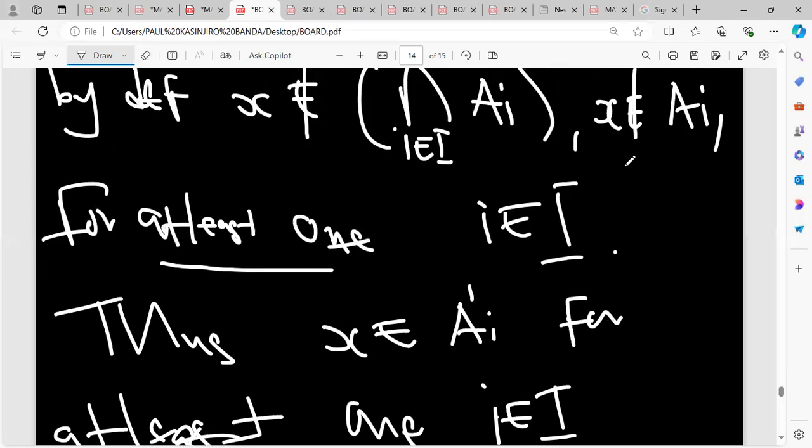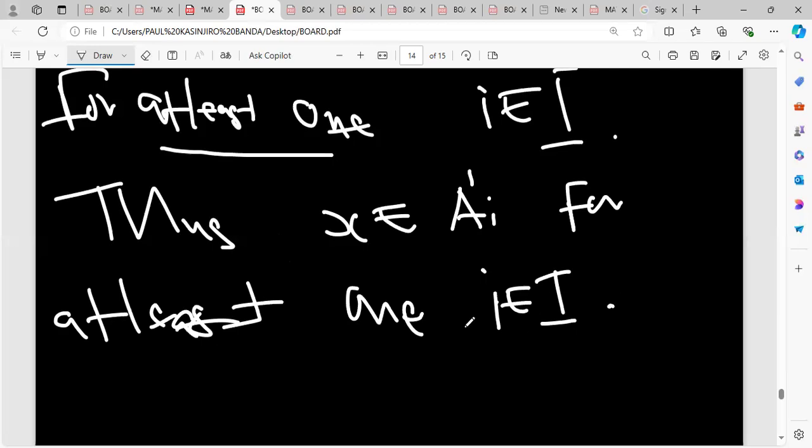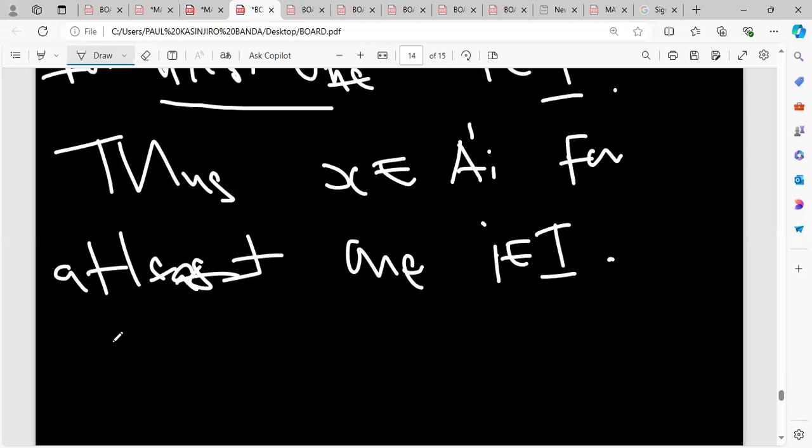So this is what it means. If X is not a member of A_i for at least one i in I, then X is a member of the A_i complement for at least one i in I. That's what it means. And from this we can conclude that since it's a member of this for at least one of them, it's in their union, because for a union, if it's in one of those sets, then it will be in the union.